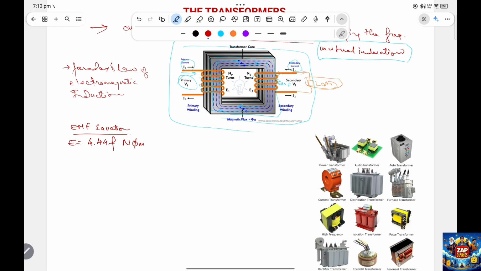So here E is the RMS induced EMF, f is the frequency of course, then N is the number of turns in the winding. Okay, and this phi m is the maximum magnetic flux.